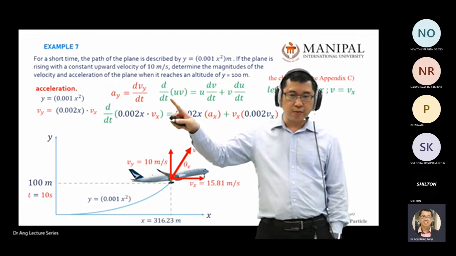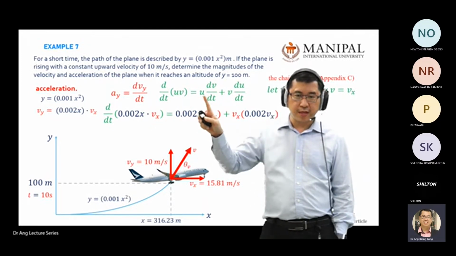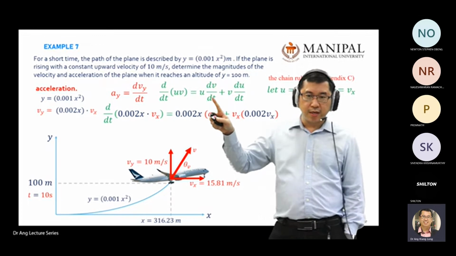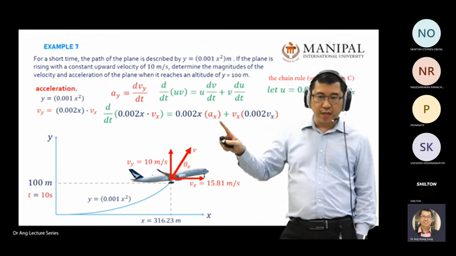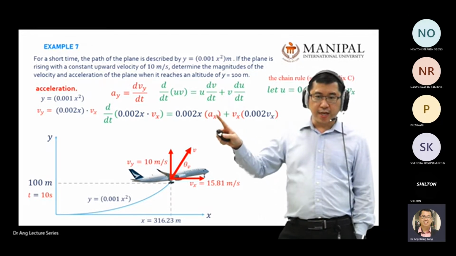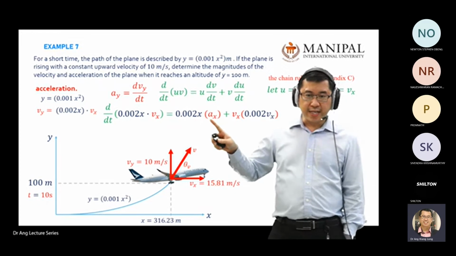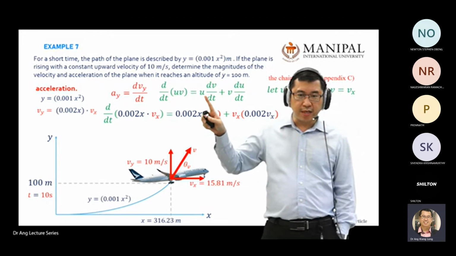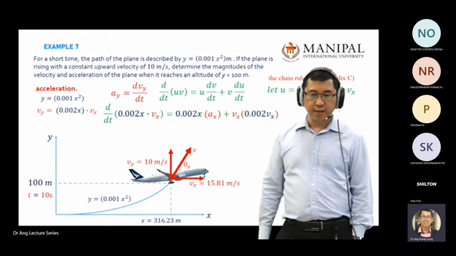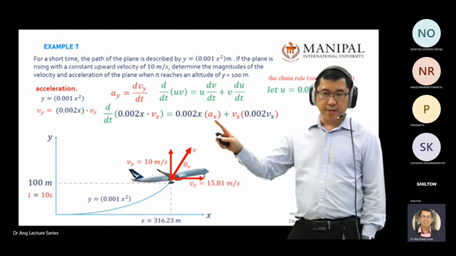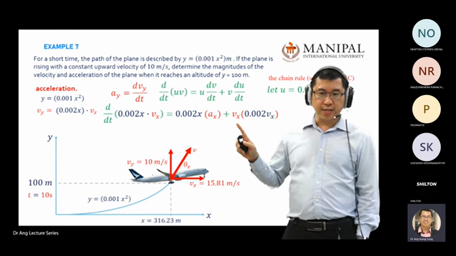What is your u? This one, so you copy. What is your dv/dt? It is in your x direction, ax. Why ax? Because this one is in x direction, right? ax. And this one is vx.